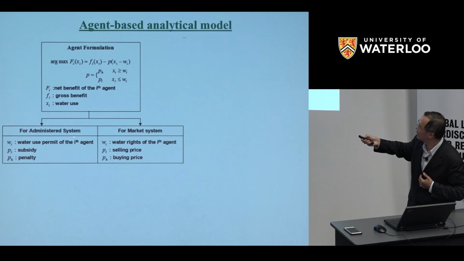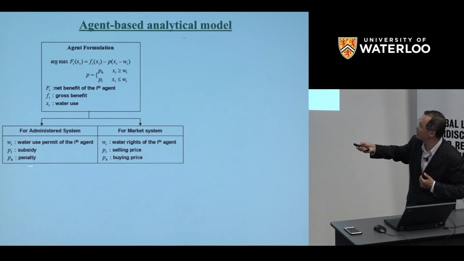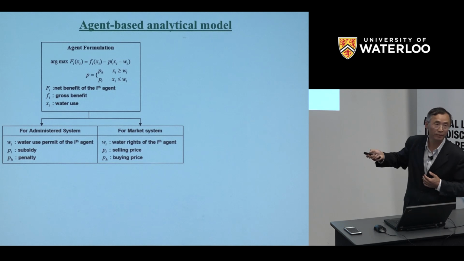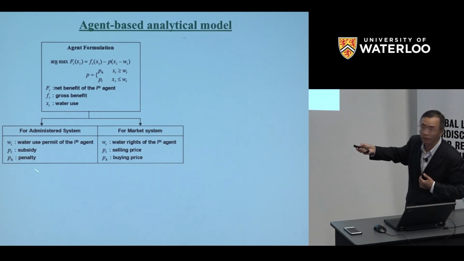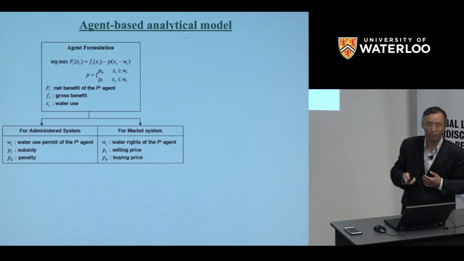For the administered system, we define Wi as the water use permit of an agent, PL is the subsidy, and PH is the penalty. If you use more than the permit, you get a penalty. If less, you get a subsidy. And for the market system, we define Wi as water rights, Pi as the selling price, and PK as the binding price.